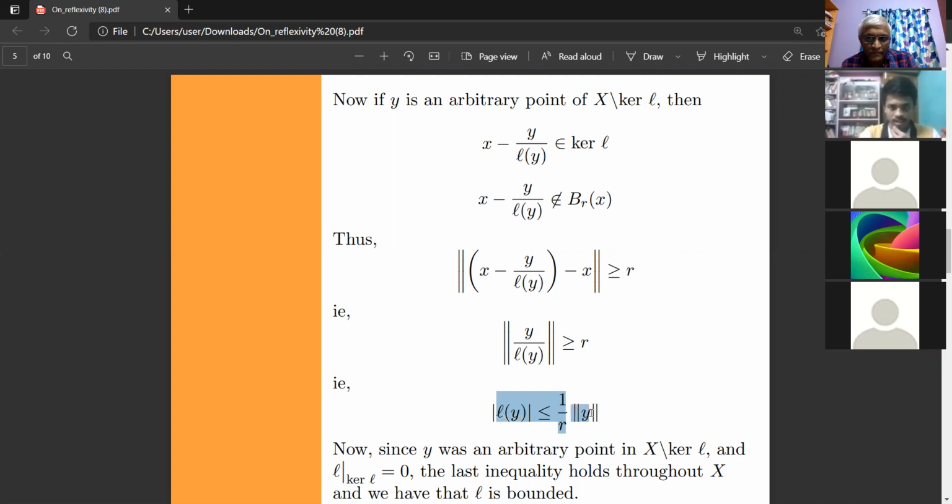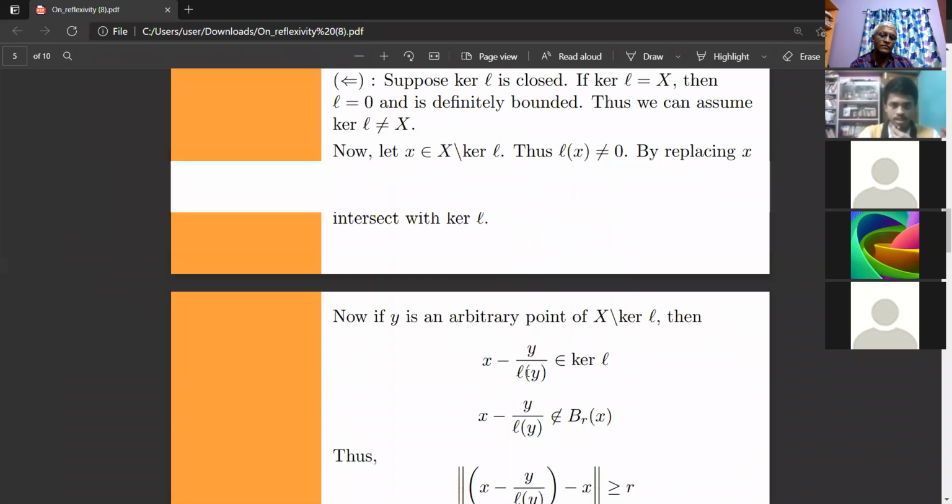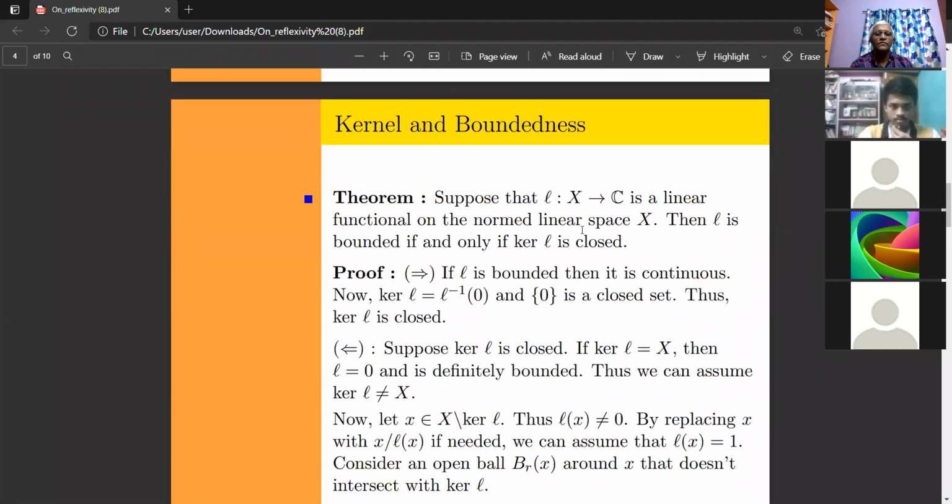This inequality holds for every y not in the kernel of L, and for y in the kernel of L it is true because L is 0 there. So we get that L is bounded. So the theorem is proved: L is bounded if and only if kernel L is closed.